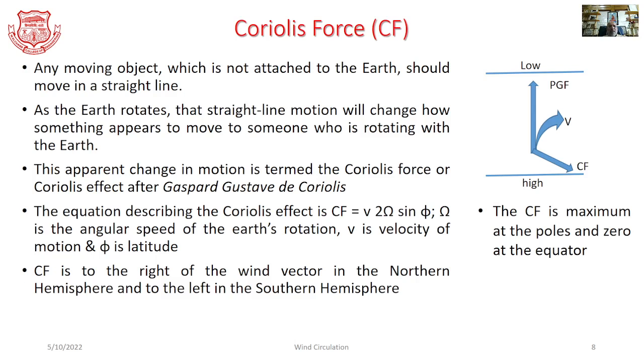Certain equation is derived by Gaspard Gustave de Coriolis. So this Coriolis force is given by V 2 omega sine phi. So that omega is the angular speed of the Earth's rotation and the V is the velocity of the motion and phi is latitude.